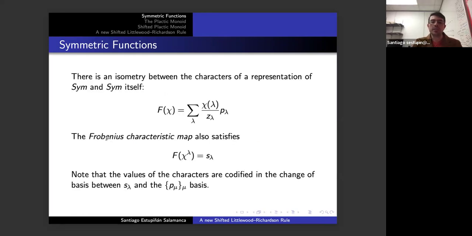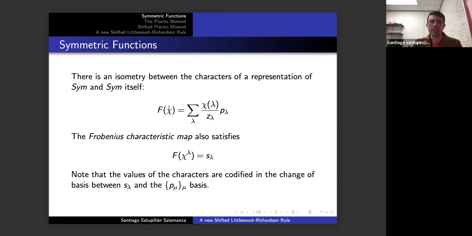And the connection between representation theory and these functions comes from the Frobenius character or the Frobenius characteristic map. Basically, once you have the character of a representation, and a character is a function that captures all the important properties of a representation, you can recover all the fundamental blocks or irreducible representations from the character.